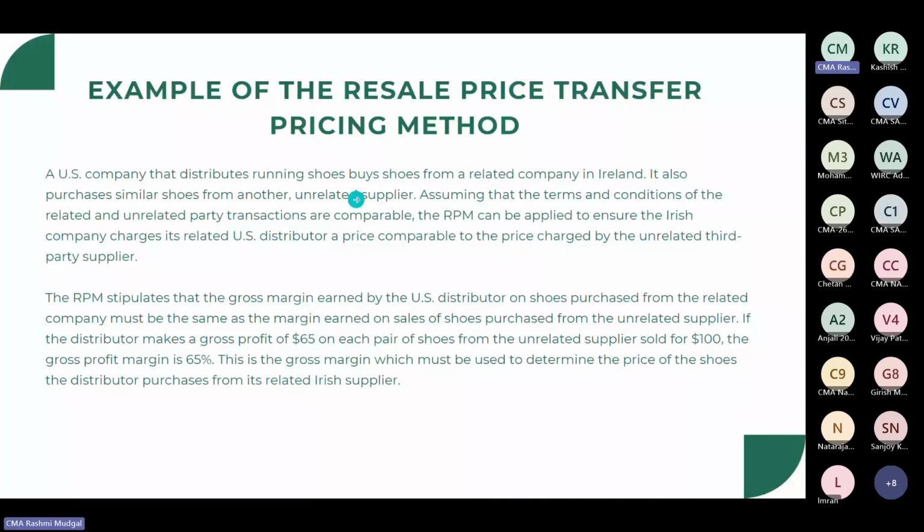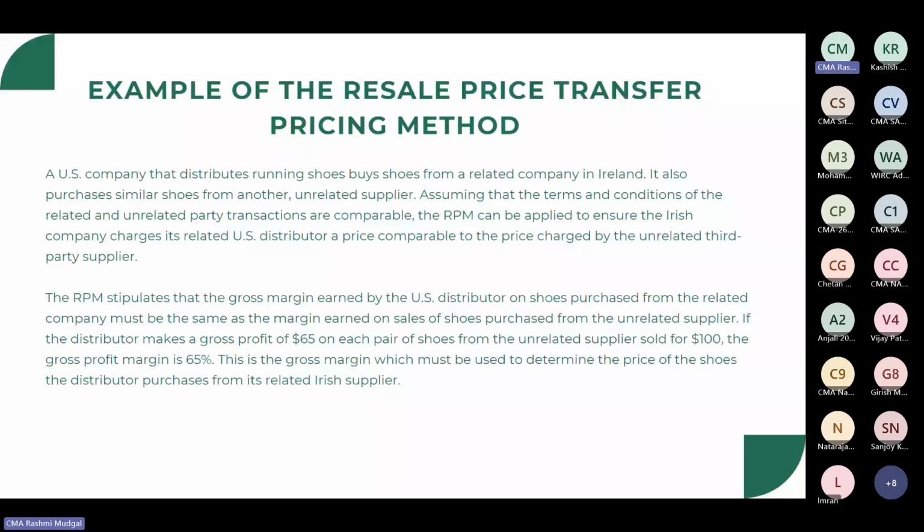Assuming that the terms and conditions of the related and unrelated party transactions are comparable, the resale price method can be applied to ensure the Irish company charges its related US distributor a price comparable to the price charged by the unrelated third party supplier.